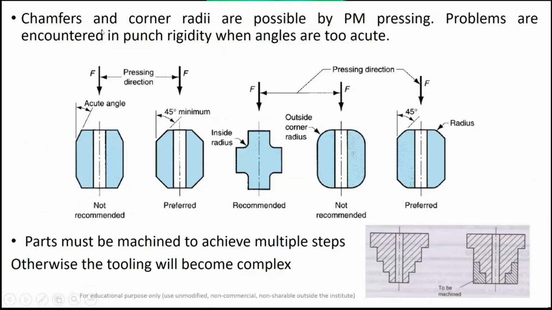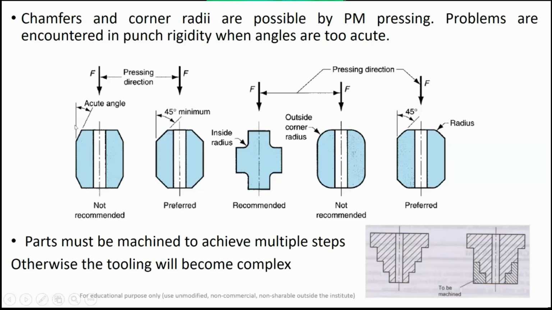Similarly, chamfers and corner radii are possible by powder metallurgy pressings. Problems are encountered in punch rigidity when the angles are too acute. So suppose you have a part like this, with a central hole in the middle of the part, and you want to give a fillet at the corner.